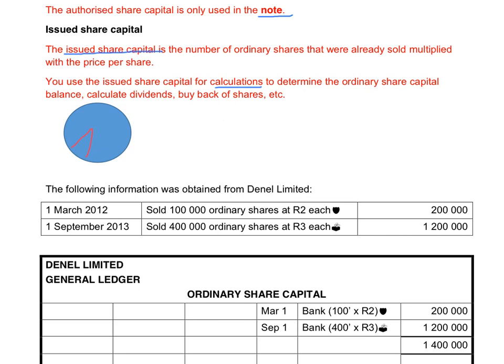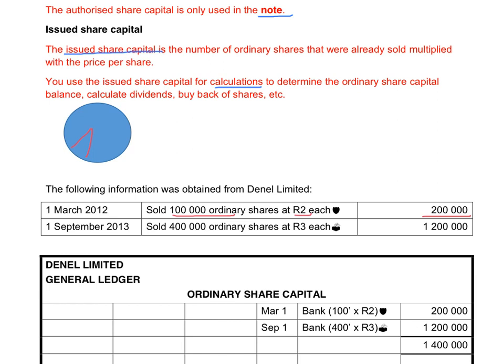When they did this entry on the 1st of March, they multiplied the number of shares that they sold, the 100,000, with the price per share, R2, to determine that the total capital that they received from the shareholders at that time was 200,000 Rand.